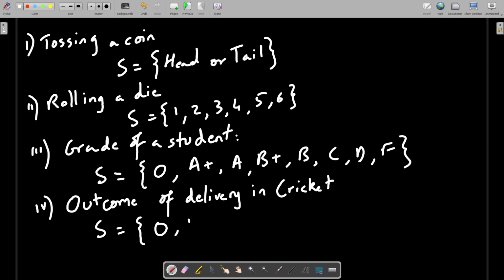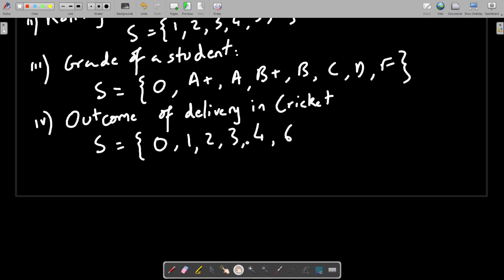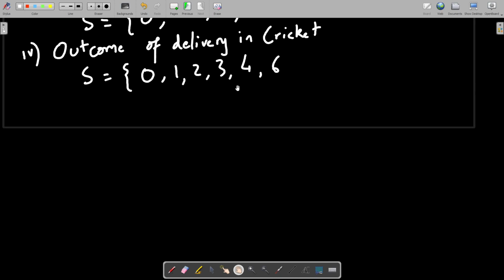You can get 1 run, 2 runs, 3 runs, possible sometimes, 4 runs, 6. That's all? What are the other possibilities? You can have a wicket also.